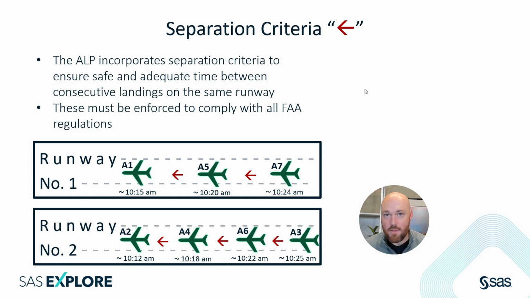What the aircraft landing problem does is we ingest those as parameters to be used to ensure that if there's a 5-minute separation criteria, for example, between aircraft 1 and aircraft 5, that our recommendations from the model adhere to those separation criteria. So how do we take those into account in the model?